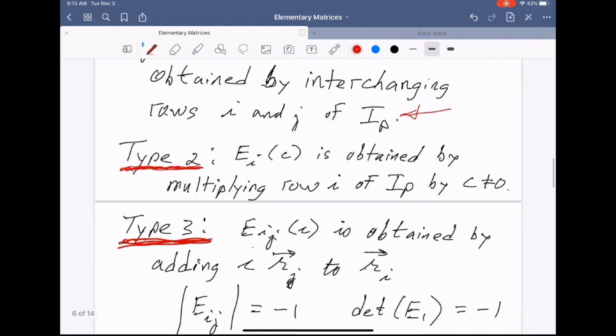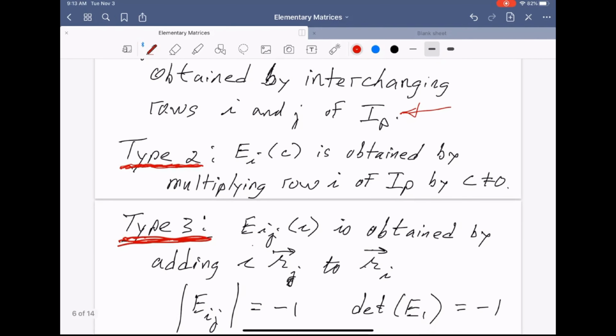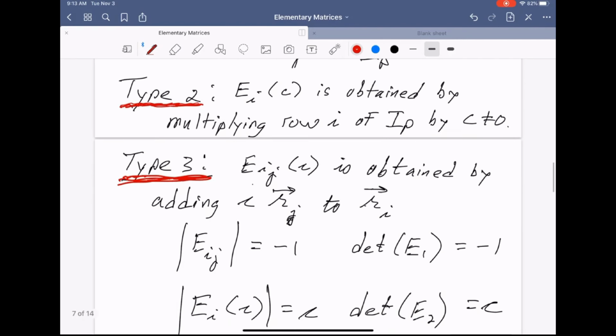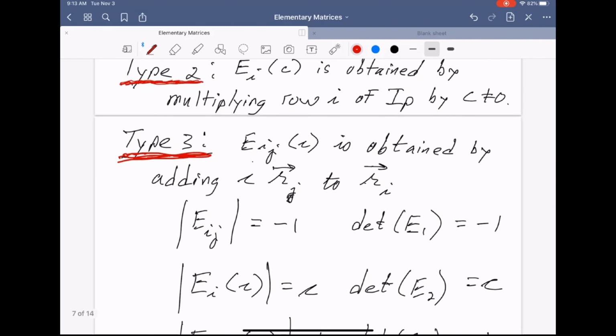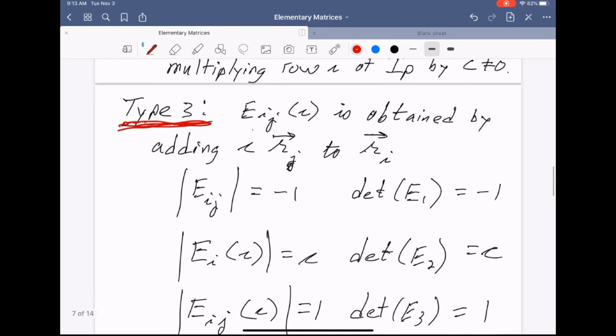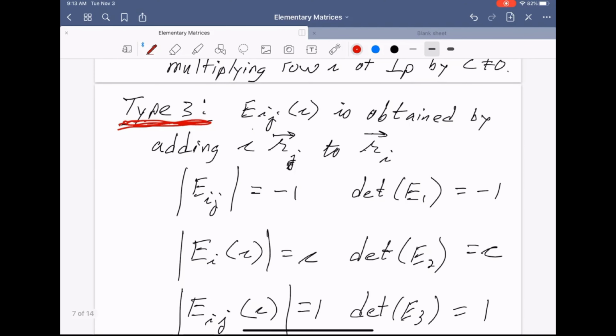Type 2 is where EI, so a particular row of I, is multiplied through by C, and we basically multiply that row I of the matrix large IP by C not equal to 0. And the third type is that any row ij multiplied through by C is obtained by adding CRJ. So row RJ is added to row I.